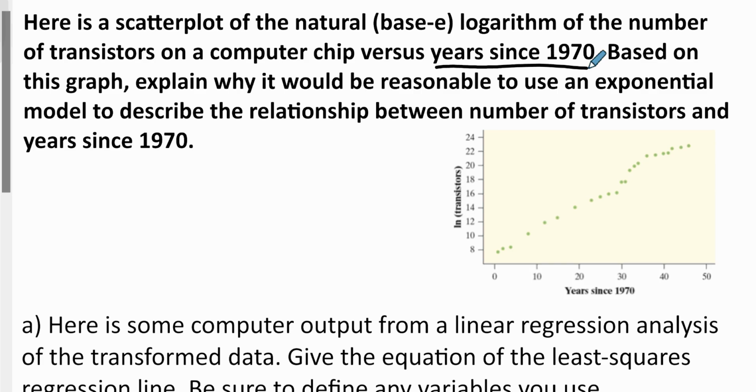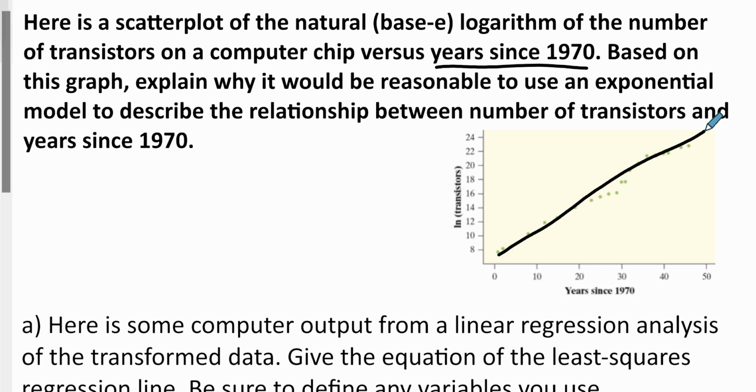So one of them is used by the natural log, or the logarithm, just the y, which means it's an exponential model. And it's fairly linear. So my argument right there is we use natural log and it's fairly linear. So that is going to be an exponential model.